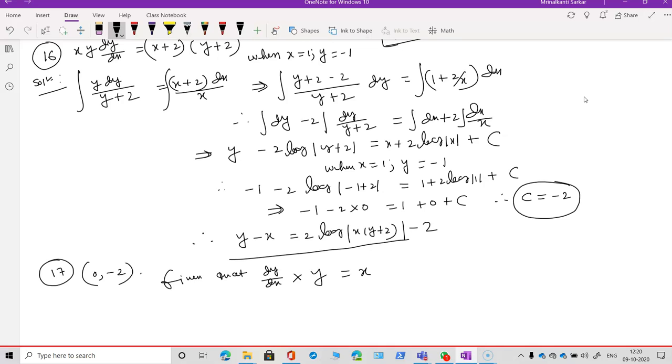Again, a similar problem. Here we have to solve this by using separation of variables.